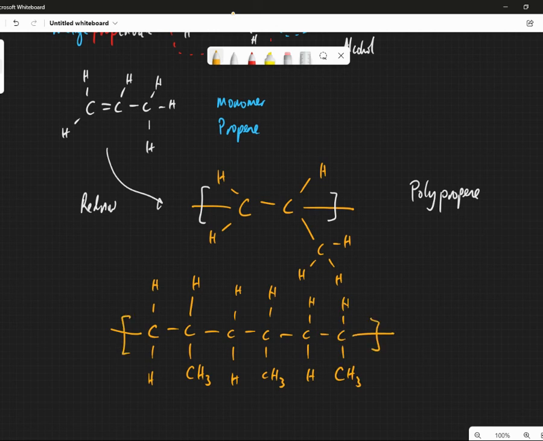Okay, are we good there? So, can anyone tell me how many repeat units I have drawn on that bottom one? Well done, Bobato. Excellent. If I gave you that picture at the bottom, could you figure out what the repeat unit is?